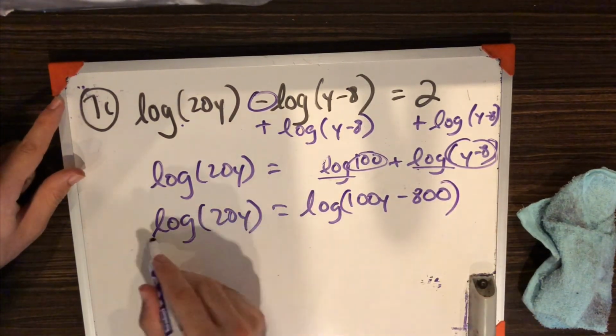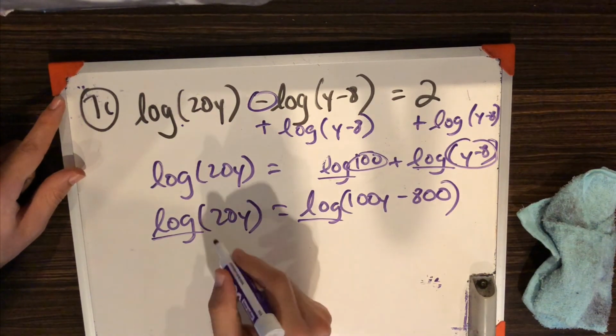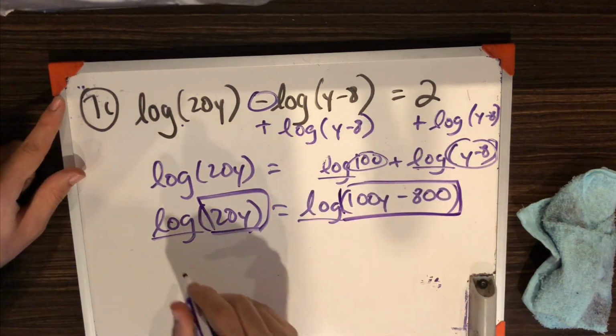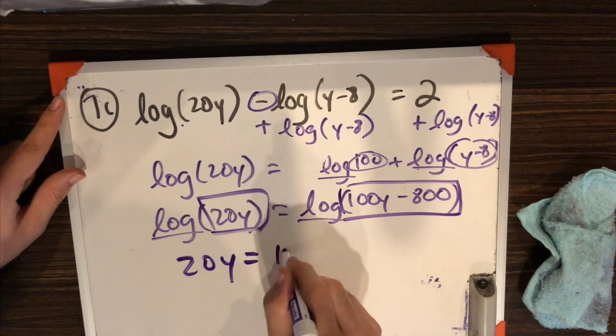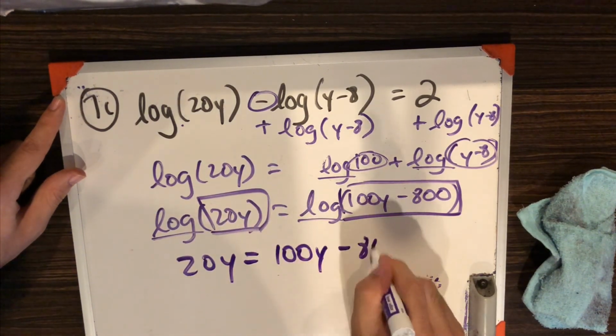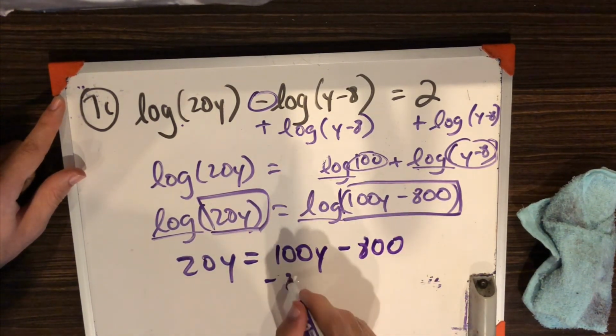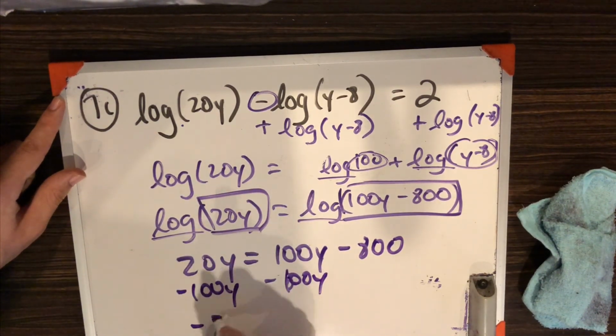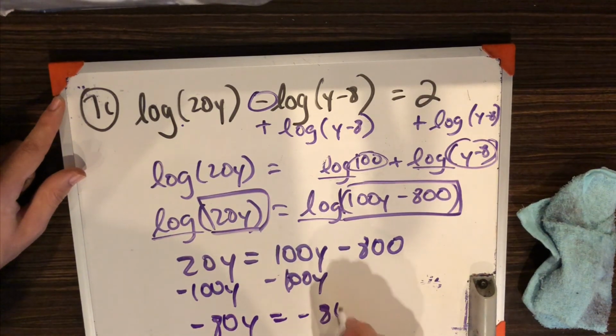Okay, so log base 10, I can set this and this equal to each other, so 20y is equal to 100y minus 800. Minus 100y, negative 80y is equal to negative 800, which means y should be equal to 10.